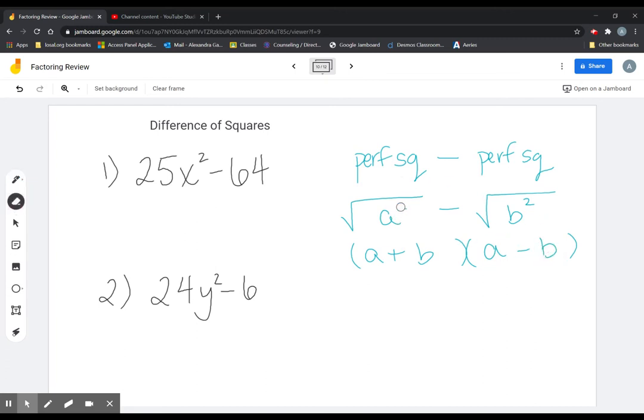We're going to take the square root of those perfect squares, and we'll end up with those values here. So I'm going to look at 25 as a perfect square. I can take the square root of that. X squared is a perfect square, and 64. So for this example, we're going to take the square root of 25 x squared, which just gives me 5x.